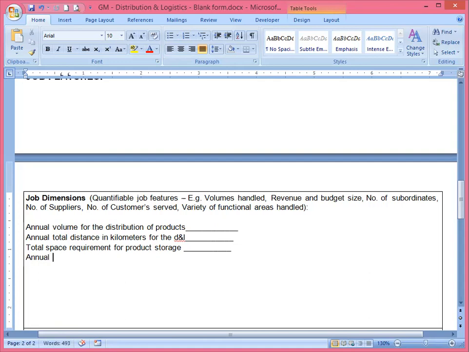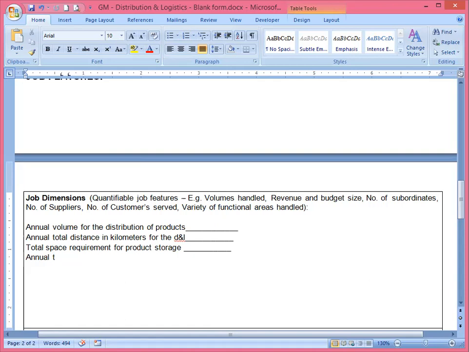This annual total volume of products, he will get the forecast from the sales division, so that he'll be able to prepare a business plan for the distribution and logistics.